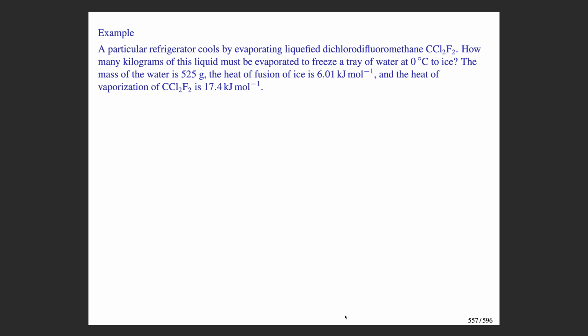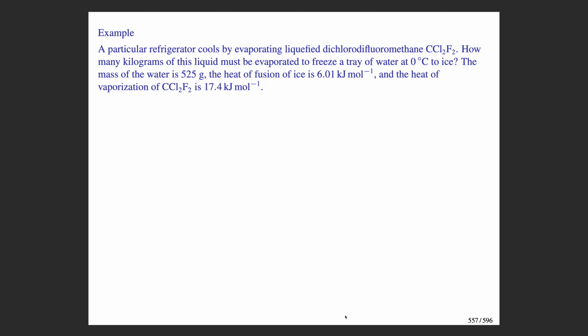The mass of the water is 525 grams, and the heat of fusion of ice is 6.01 kilojoules per mole. Then they give us the heat of vaporization of the dichloro-difluoromethane. So let's think about this in terms of the phase transition for the ice.